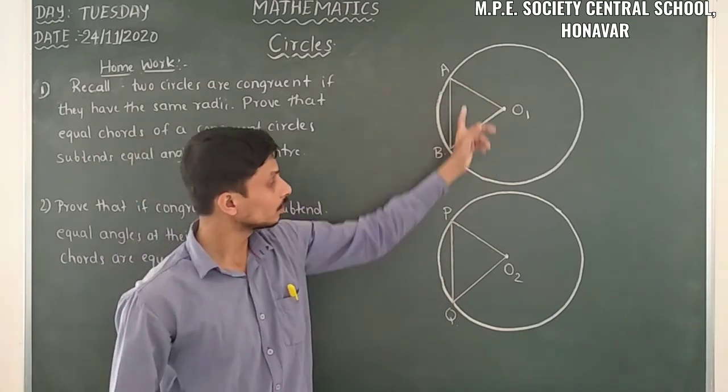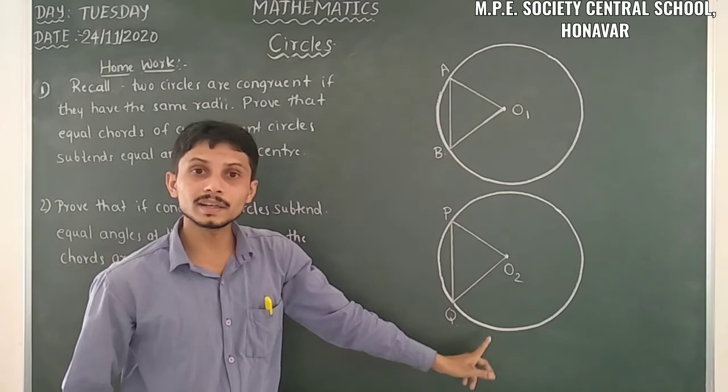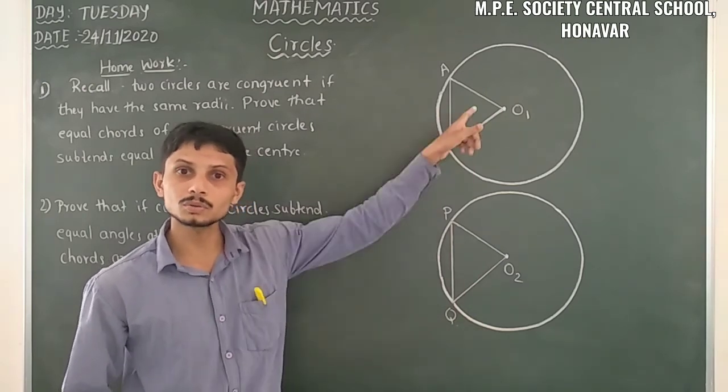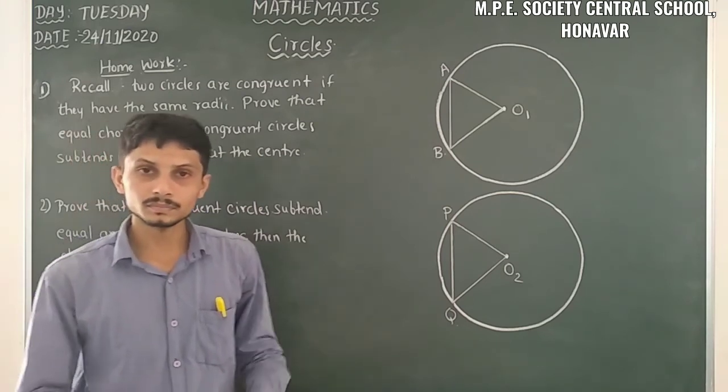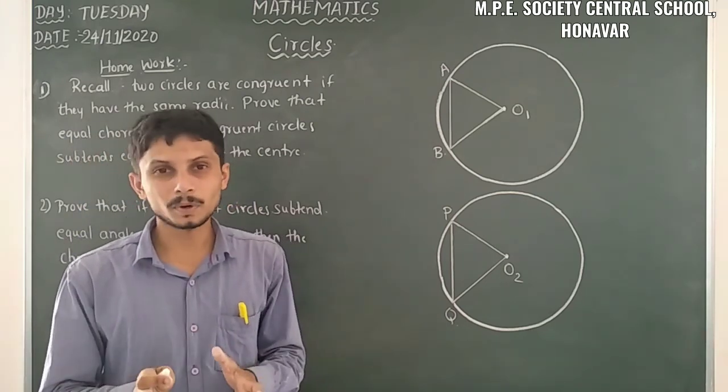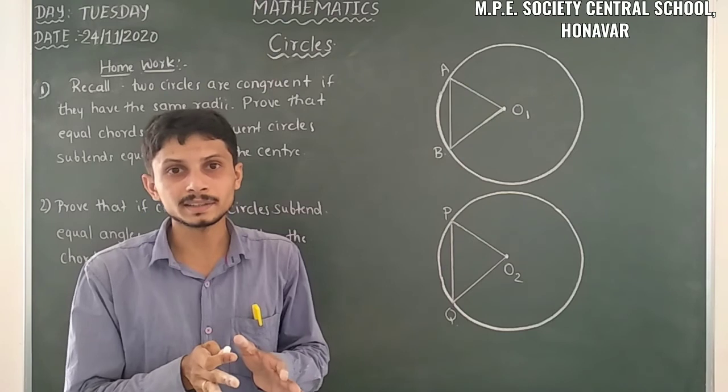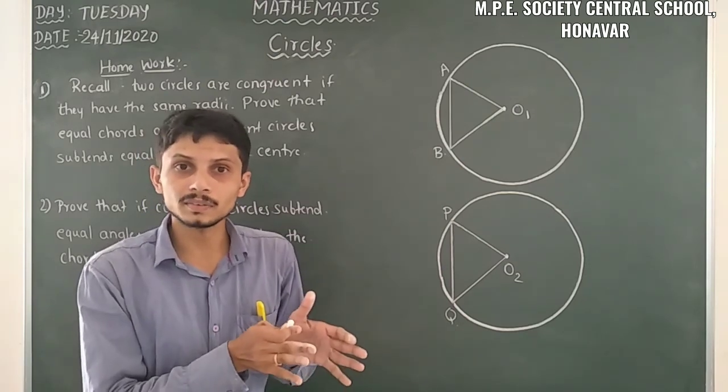The corresponding radii are also equal. Then those two triangles are congruent, so AB is equal to PQ.